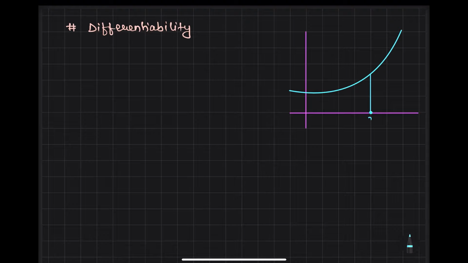Close to A, we will take a very close point, towards A from the right hand direction, and I am calling that A plus h. h is a positive number, approximately equal to 0.0001.